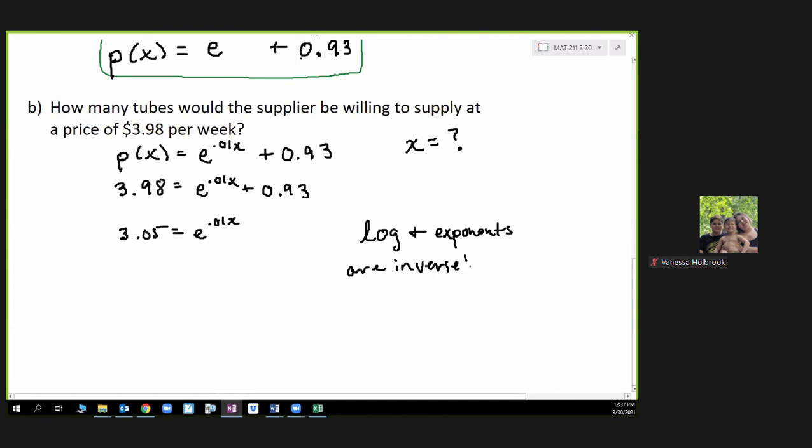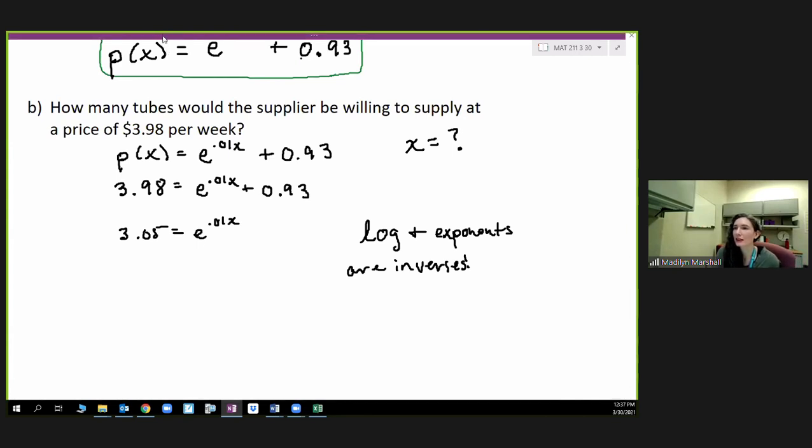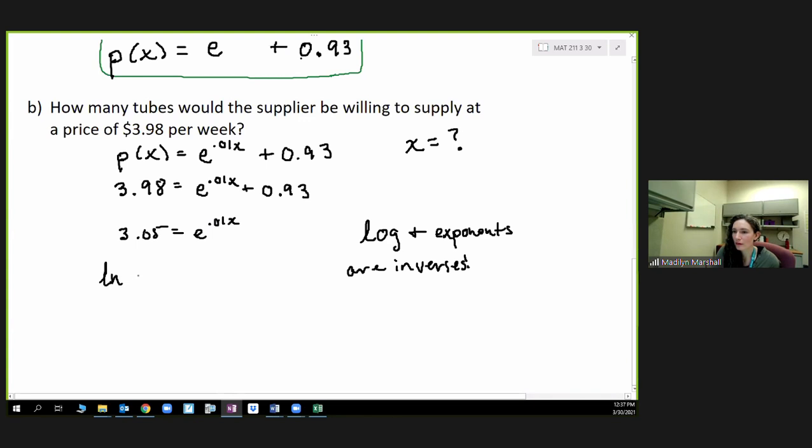Logs and exponents are inverses. So if we have an e on the bottom here, we can take the natural log of both sides.